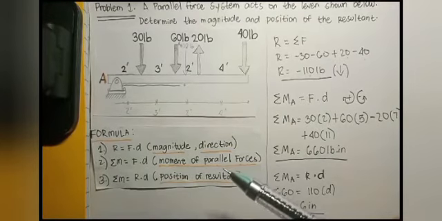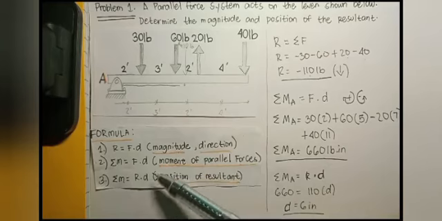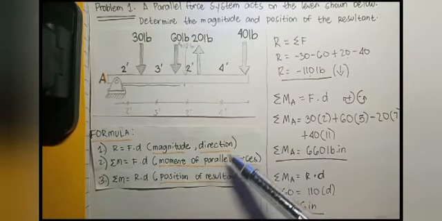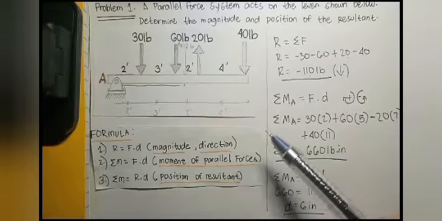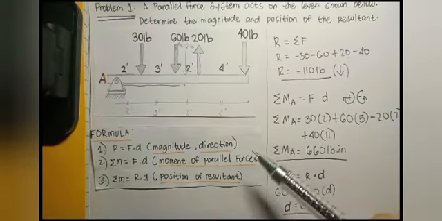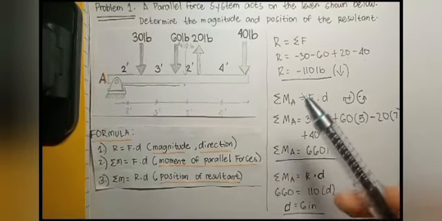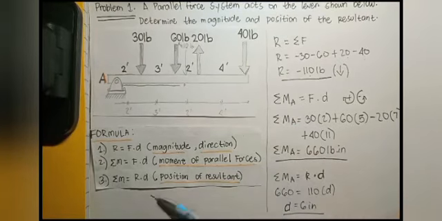We use this formula to solve for the moment of the parallel forces, and all the parallel forces will be multiplied by their moment arms. And number 3, we have the summation of moment equals R, the resultant, times D, the distance. We use this formula to solve for the position of the resultant.